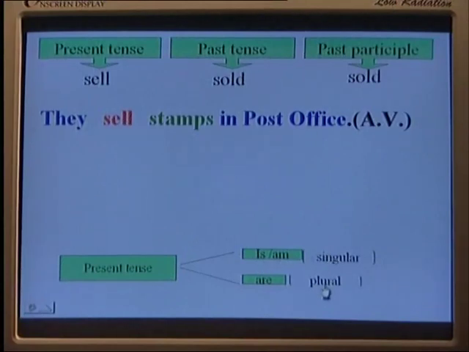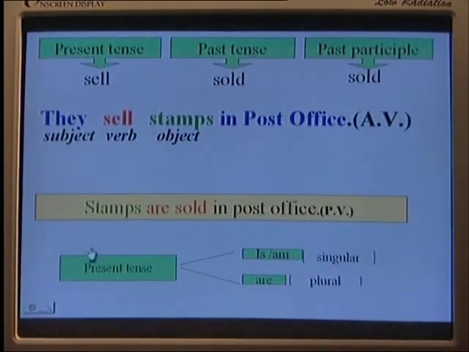If object is plural, are. Let us see which one is the object here. They is the subject, sell is verb, and stamps object. So, stamps is in plural form. Therefore, we should use are. Stamps are sold, is the past participle form. Stamps are sold by them.